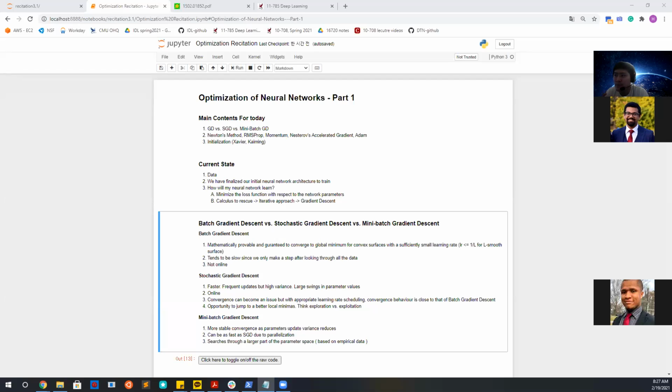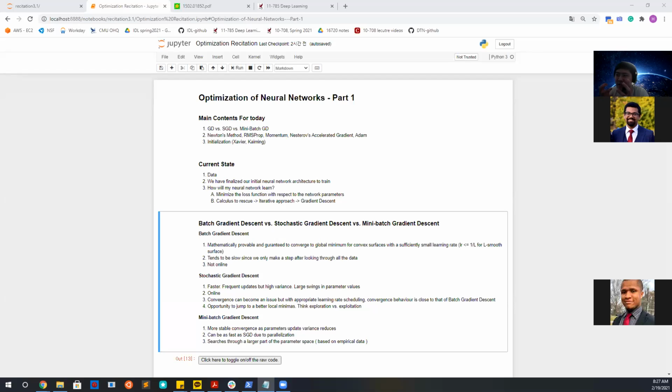We'll also talk about improvements of gradient descent, which include Newton's method, RMSprop, momentum, Nesterov's accelerated gradient, and Adam. Finally, in the last part, we're going to talk about initialization methods and why initialization is important, including Xavier and Kaiming initialization.